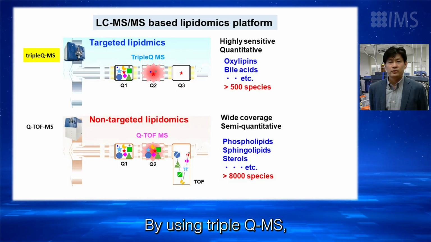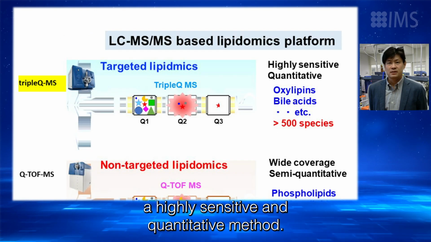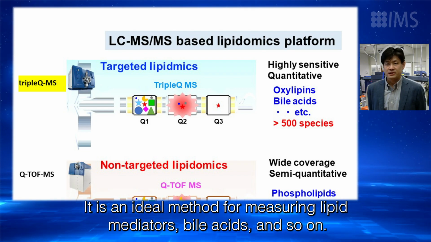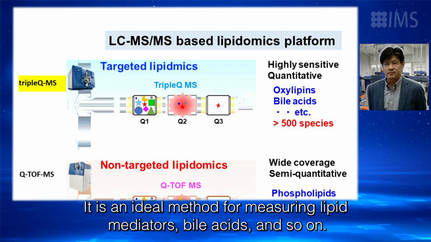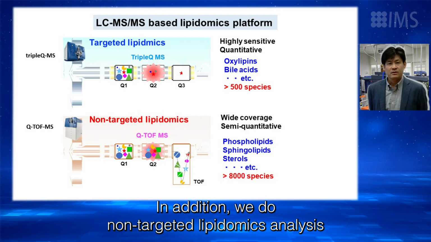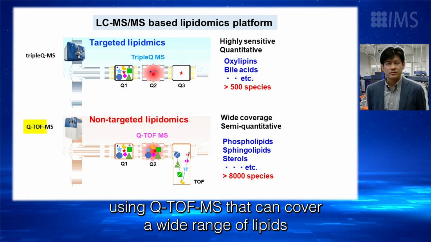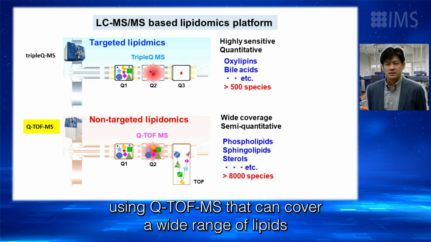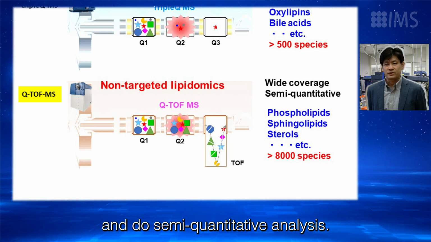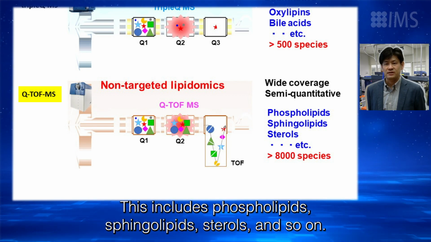By using triple quad MS, we can do targeted lipidomics analysis, which is a highly sensitive and quantitative method. That is an ideal method for measuring lipid mediators or bile acids and so on. In addition, we do non-targeted lipidomics analysis by using QTOF type MS that can cover a wide range of lipids, a semi-quantitative analysis that covers phospholipids, sphingolipids, sterols and so on.